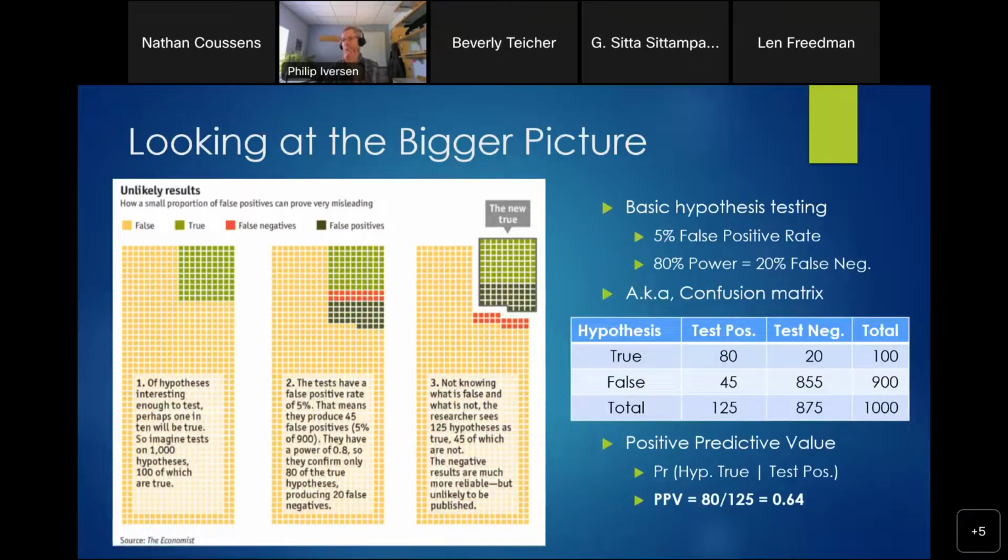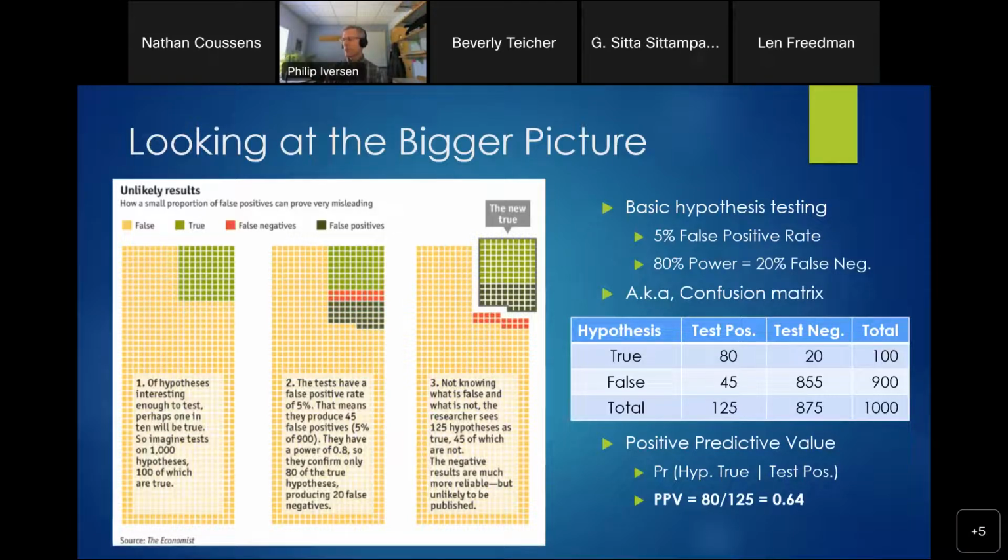Okay, then on another topic of looking at the bigger picture, this is a figure from that Economist article, How Science Goes Wrong. I wanted to mention this for a few minutes because it's kind of an oversimplification.